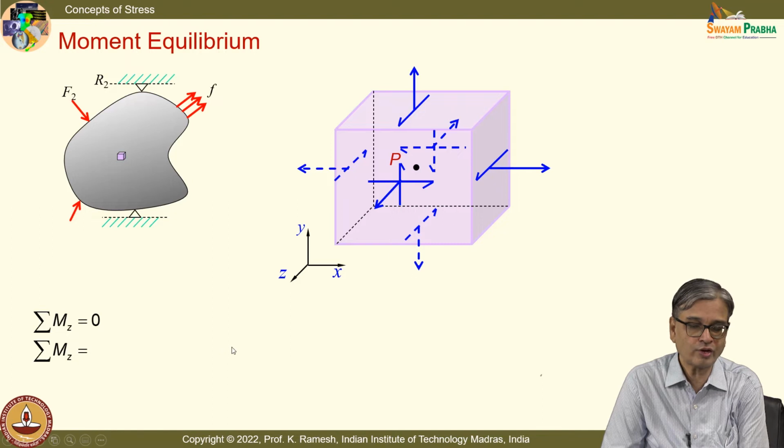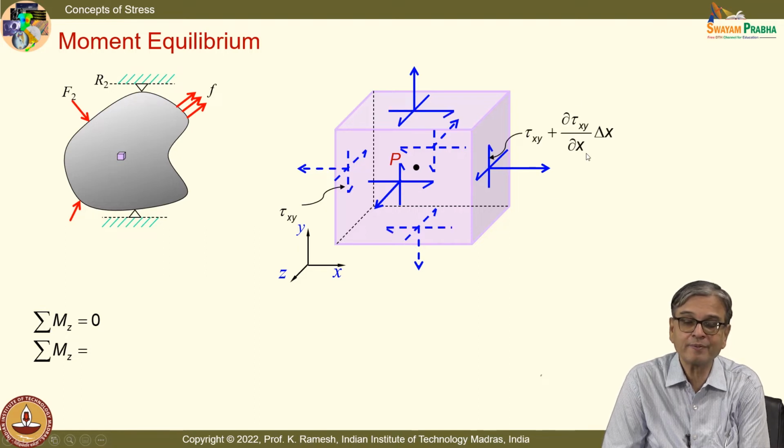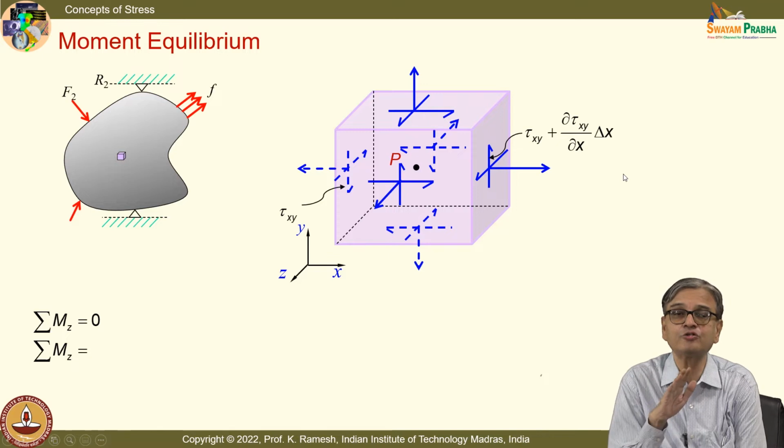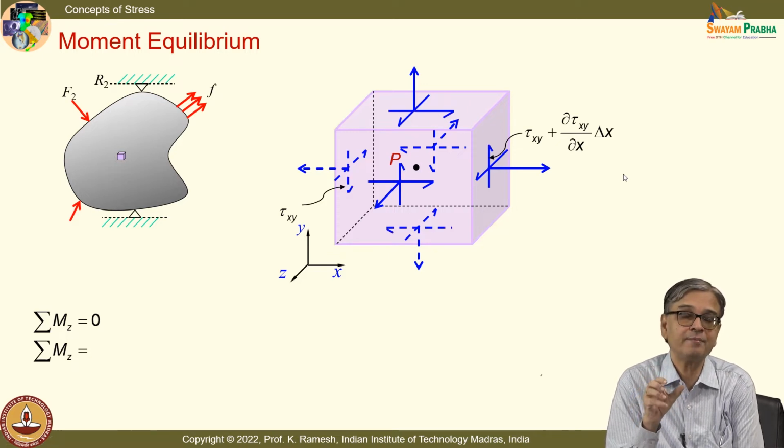Now you know how to write them on the negative plane and the positive plane. So you have to write the quantities correctly. So I have tau xy, and because it has a finite dimension delta x, you will have tau xy plus dou tau xy by dou x into delta x. This you should never forget, because I am taking a small element with sizes delta x, delta y and delta z.